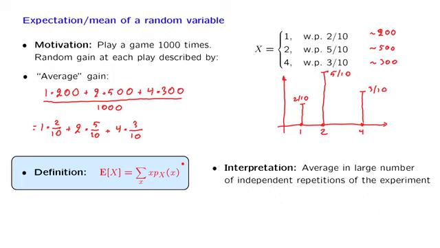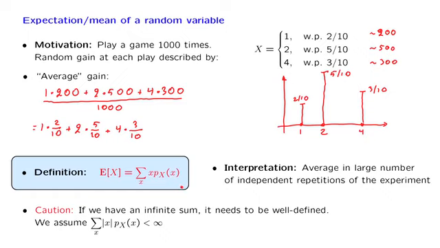One small technical caveat: if we are dealing with a random variable that takes values in a discrete but infinite set, this sum here is going to be an infinite sum or an infinite series. And there's always a question whether an infinite series has a well-defined limit or not.